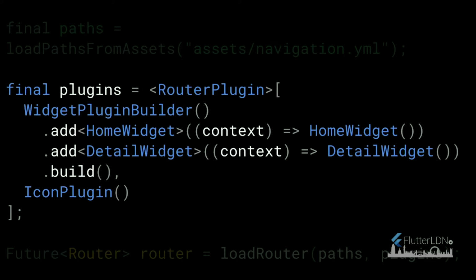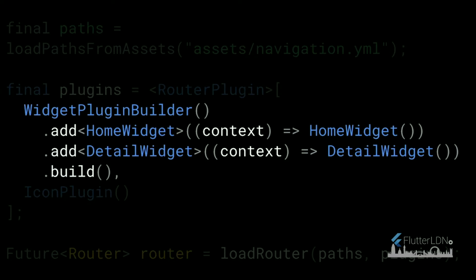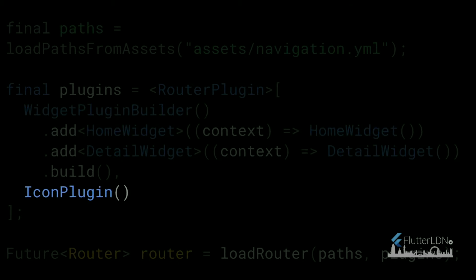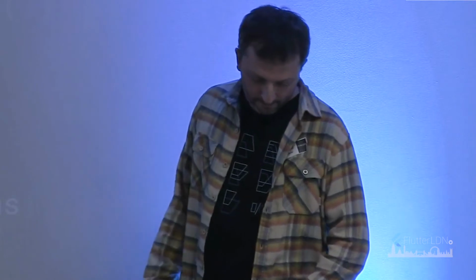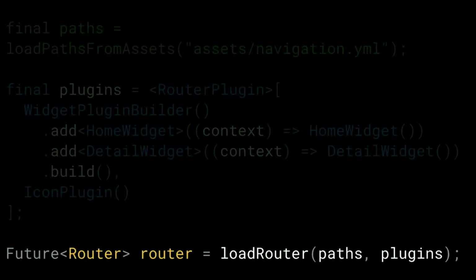So we need to specify the widget plugin, which helps to translate the home widget text on the YAML side to an actual instance in your Dart code. And we also supply the icon plugin we've just implemented. Having our navigation map and plugins, we can instantiate a router instance.